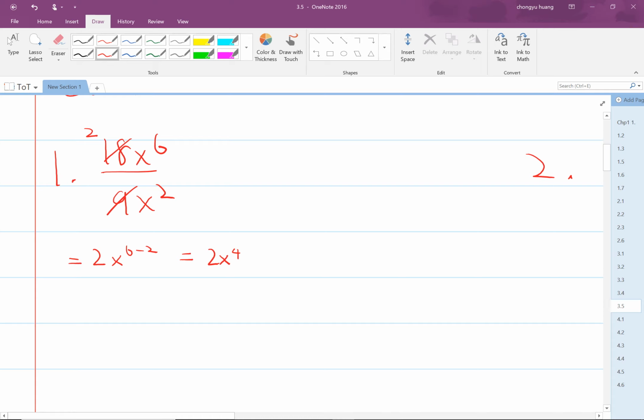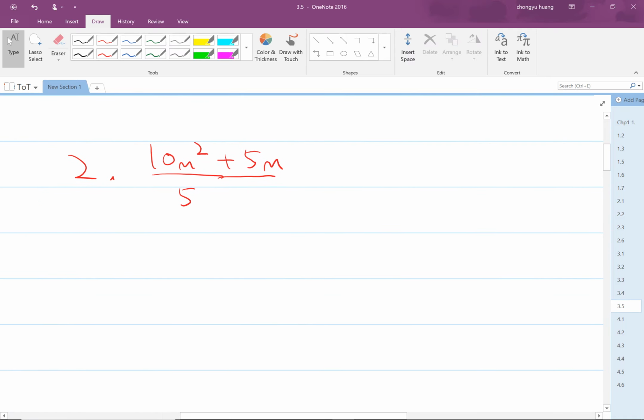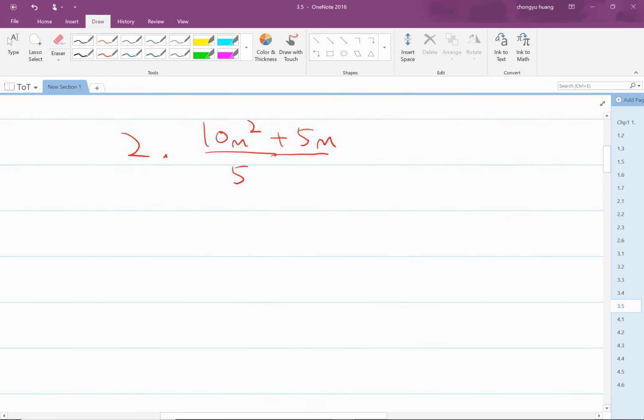All right, let's move into question 2. We haven't talked about anything about factoring yet. If you know how to do factoring, then this question is really easy for you.